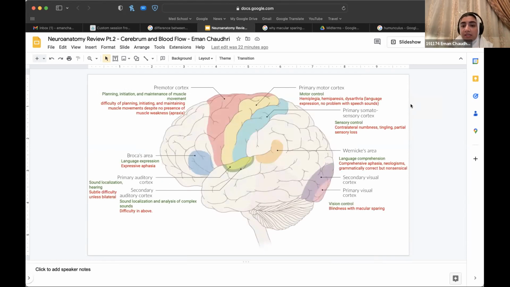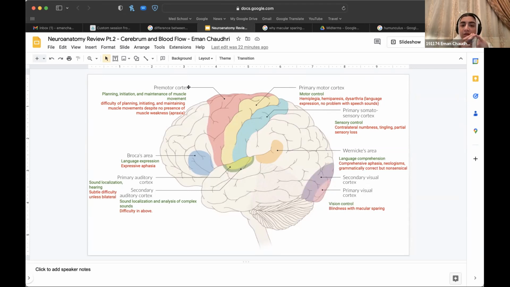And now why is this important? Because there are certain things that these are responsible for, and you need to understand what happens if there is ischemia or a lack of blood flow to these areas of the brain. So in the premotor cortex, what is it responsible for? Like we said, planning, initiation, and maintenance of muscle movement, especially complex movements.